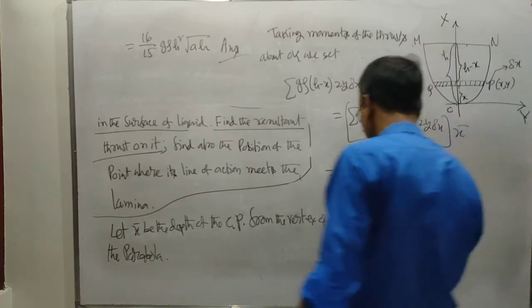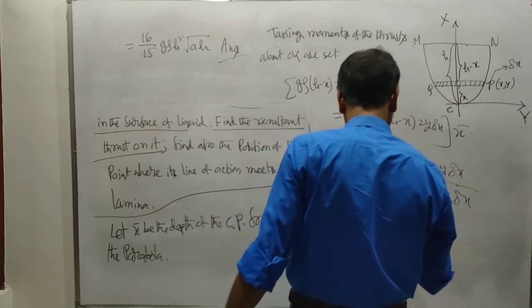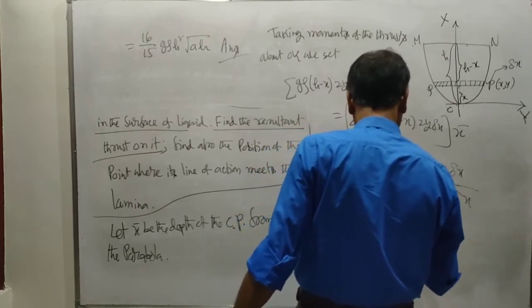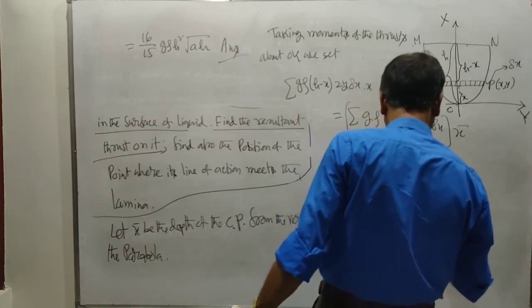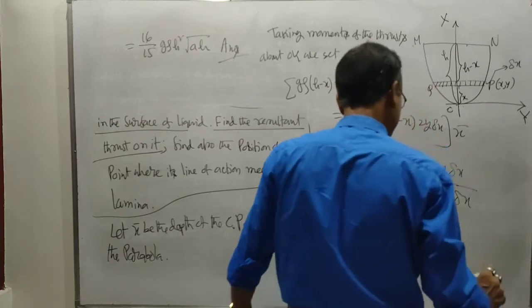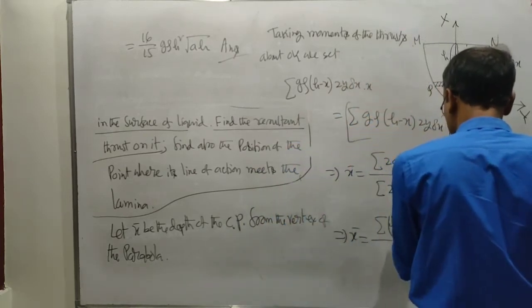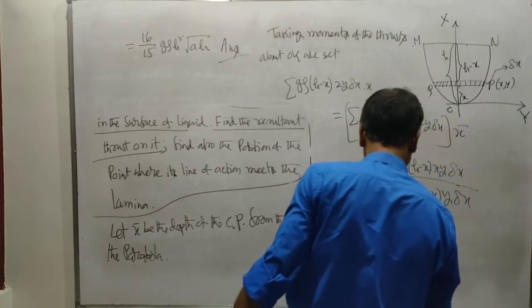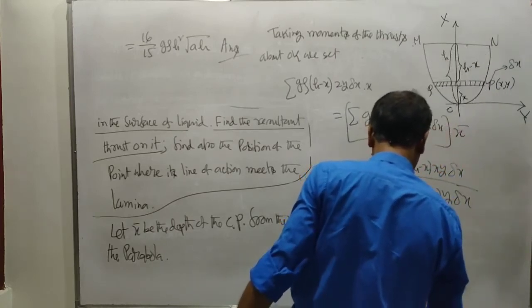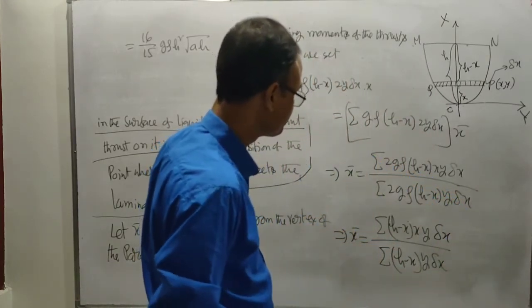This is equal to summation of (h minus x) x y delta x over summation of (h minus x) y delta x. This is x bar.